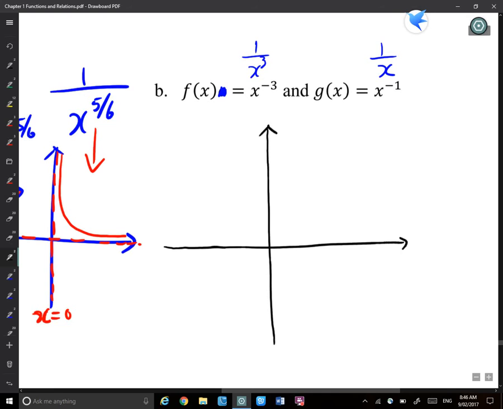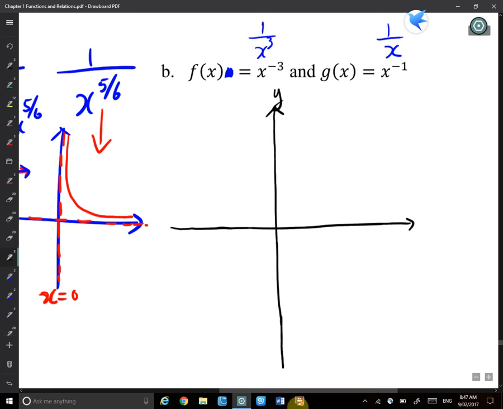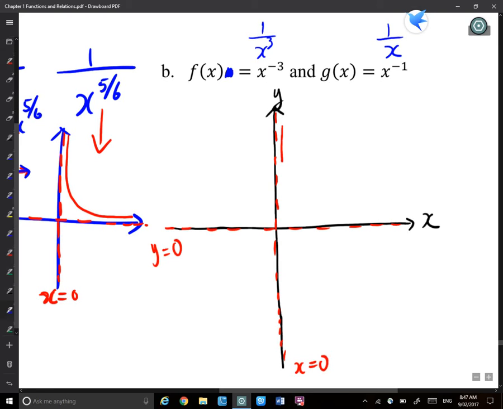So y equals 1 over x, that's a hyperbola function. I have x equals 0 and y equals 0. Have 1 over x. I'll use the blue color to sketch it.